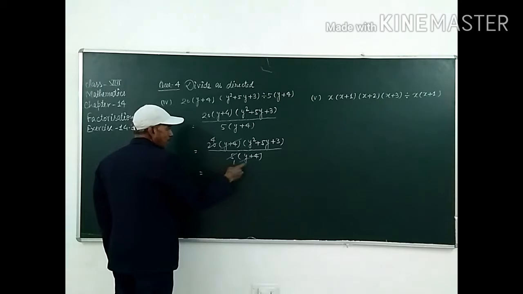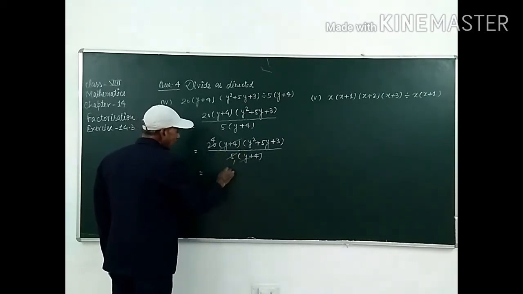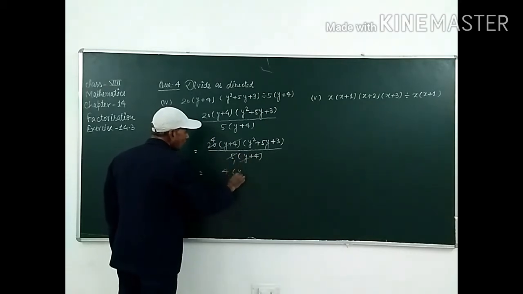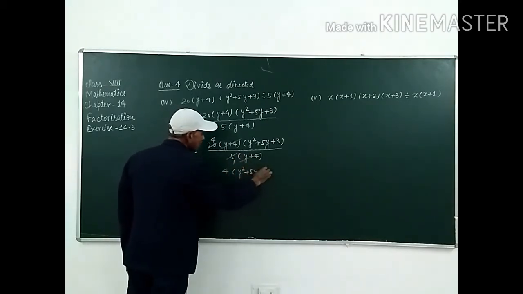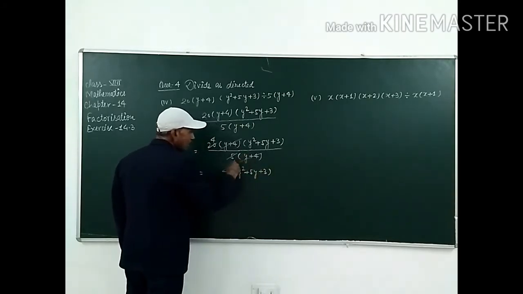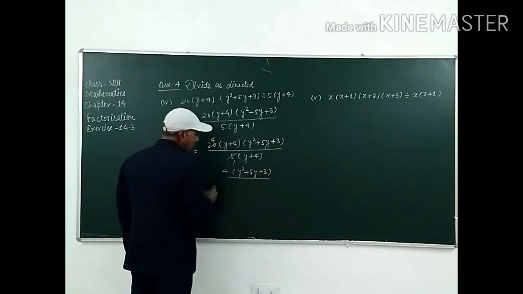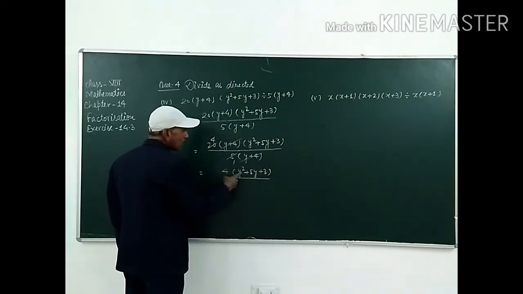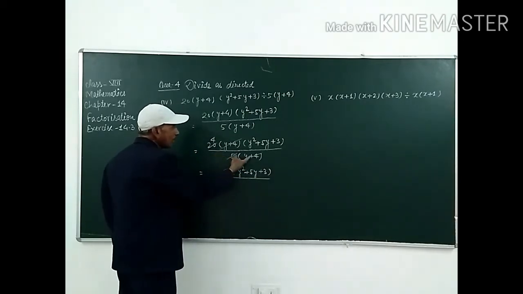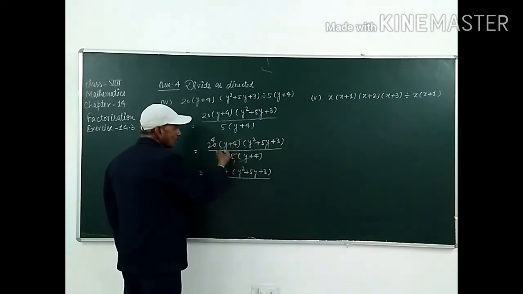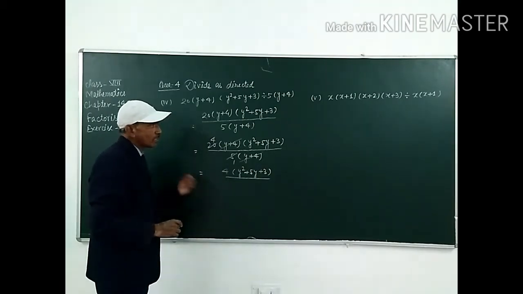So the numerator is 4 into y square plus 5y plus 3, and the denominator is 1, student. So this one will be the answer, 4 into y square plus 5y plus 3. This is what remains after dividing these two parts. So this one is the answer of this part.